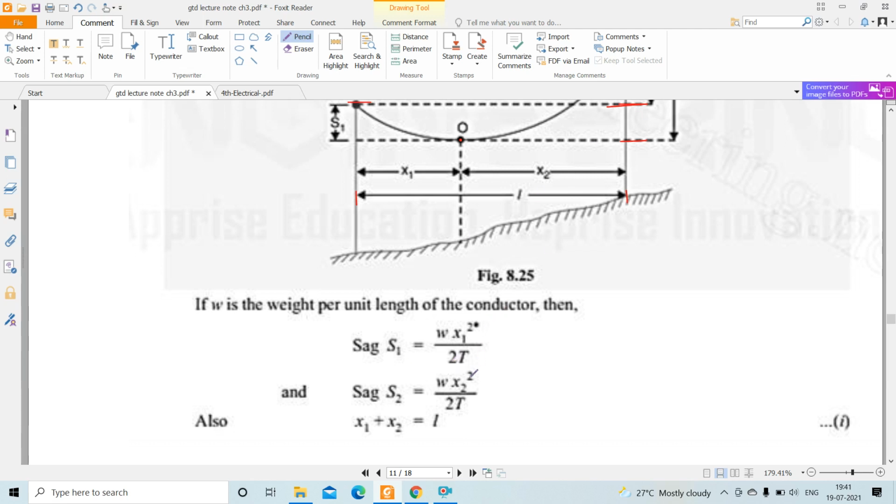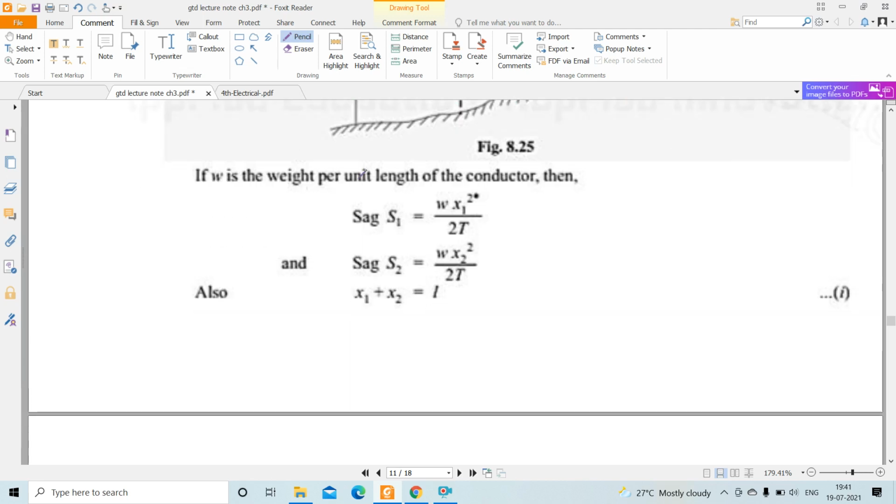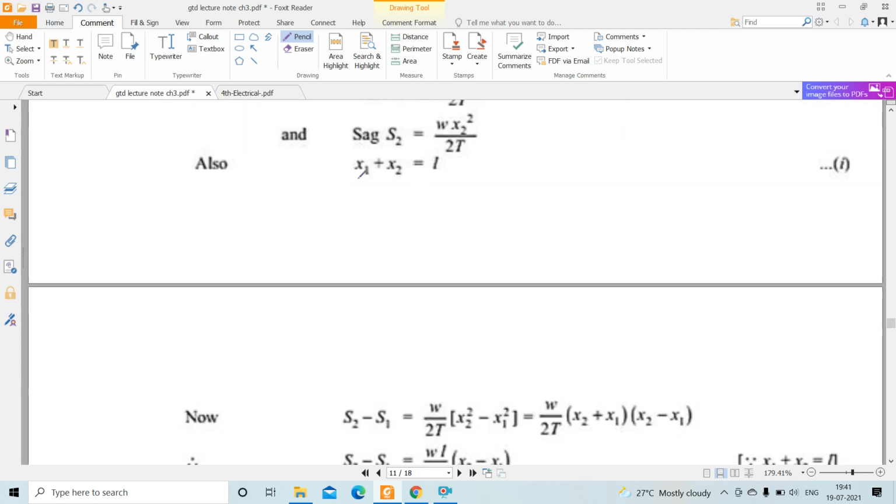Similarly, S2 is equal to W x2 square by 2t, where x2 is the distance between B and O. And x1 plus x2 is equal to L, because the span length is L. So x1 plus x2 gives us L. These are the predefined equations.